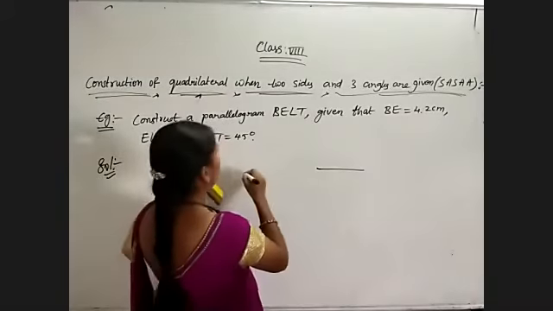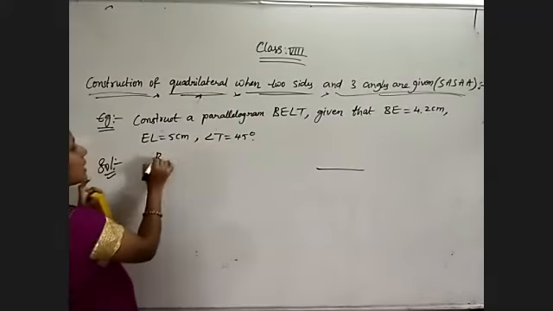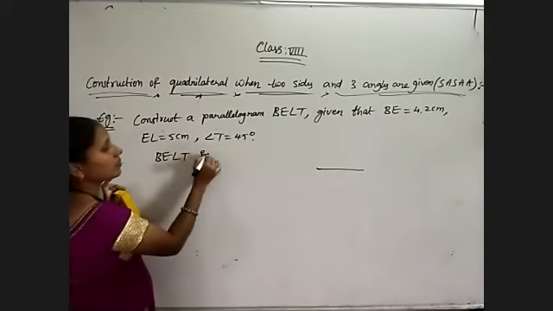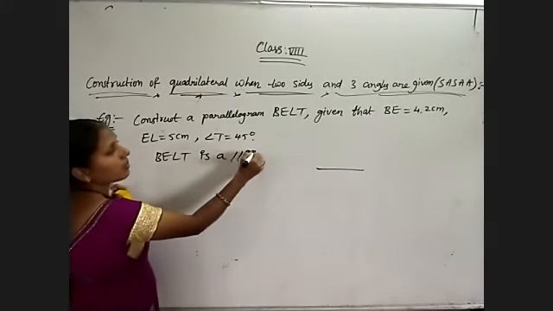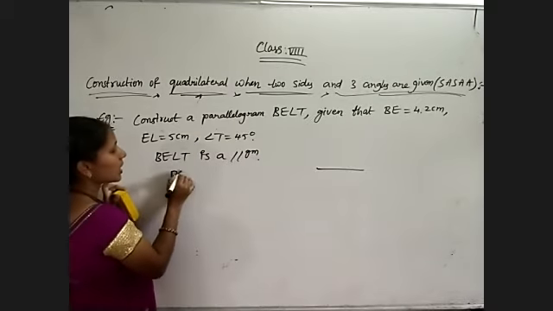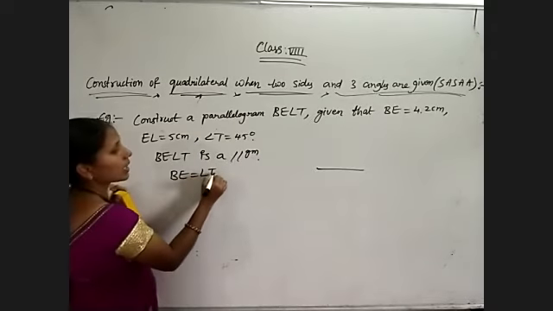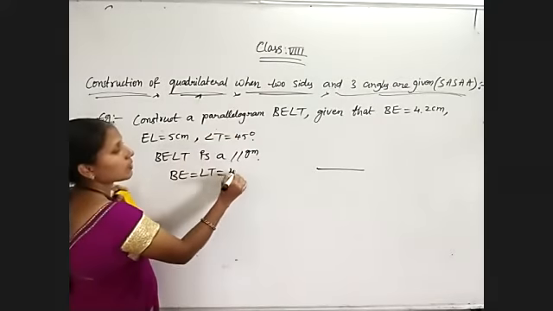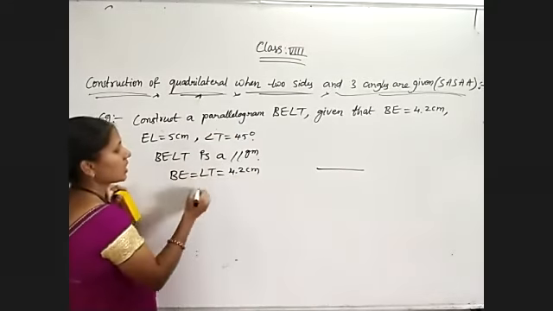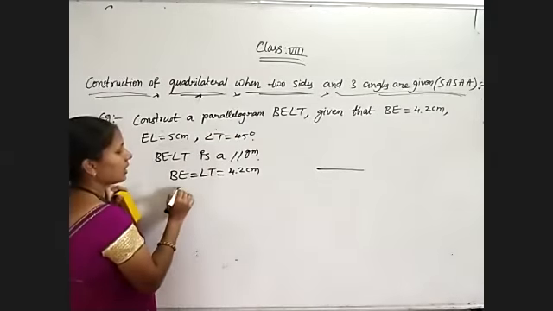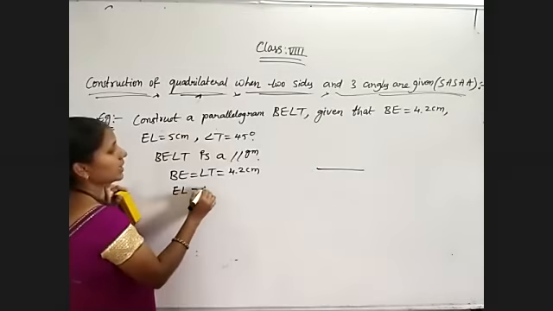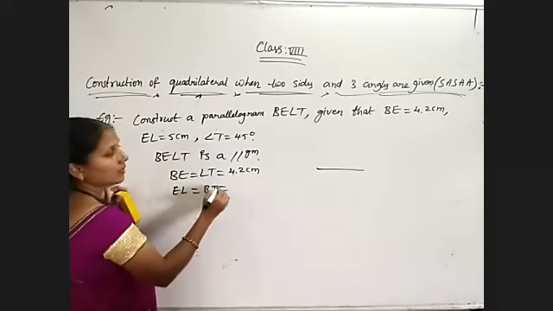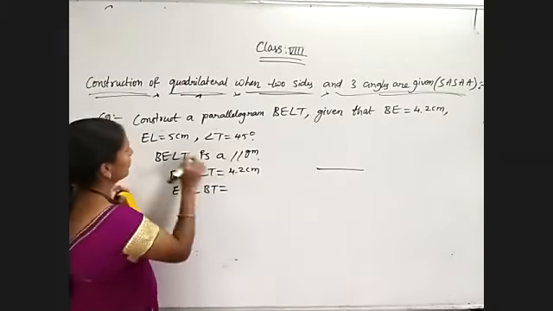Because BELT is a parallelogram, BE must be equal to LT. Opposite sides are equal. BE equal to LT, which is equal to 4.2 centimeters, and EL is equal to BT, which is equal to 5 centimeters.